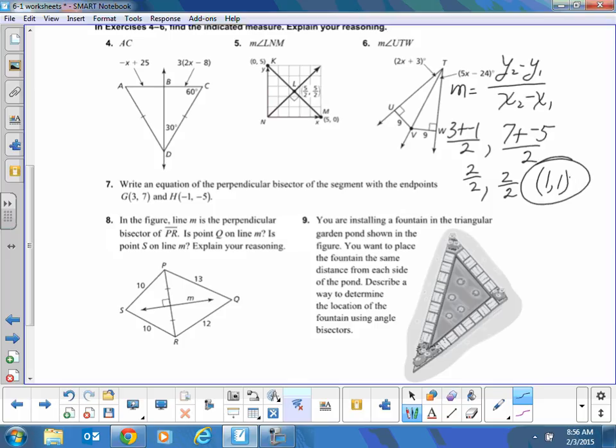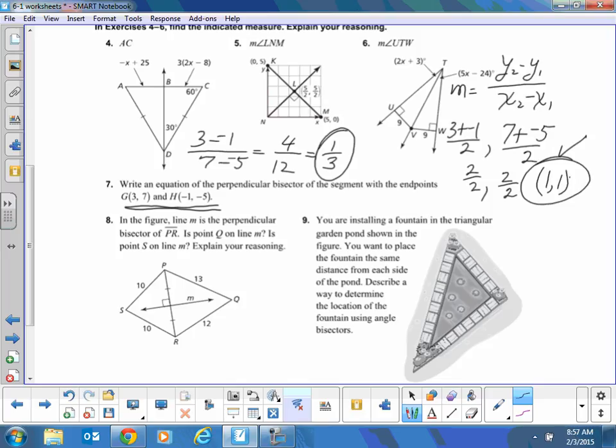So now you're going to have 3 minus negative 1 over 7 minus negative 5. What's the slope of the perpendicular line going to be to this segment?